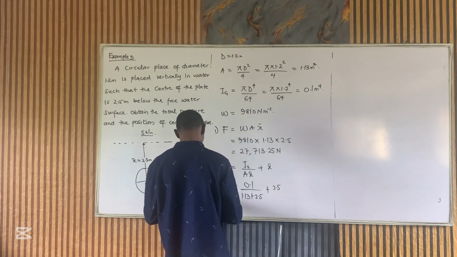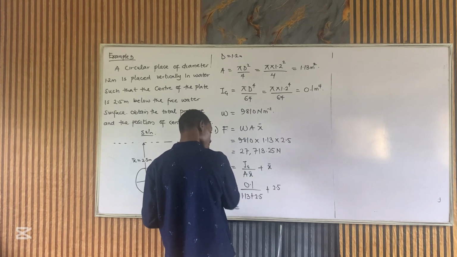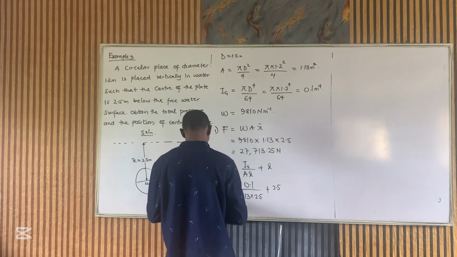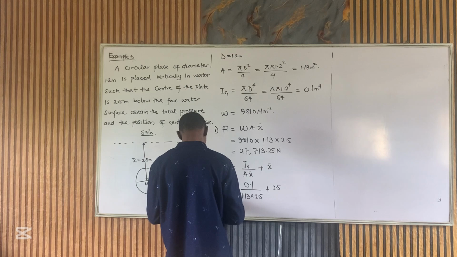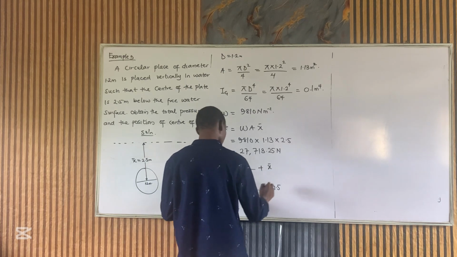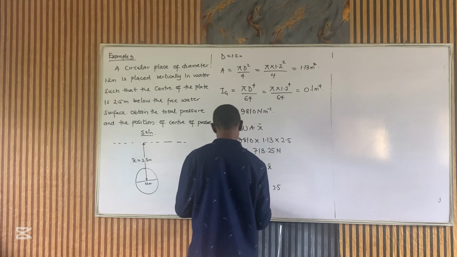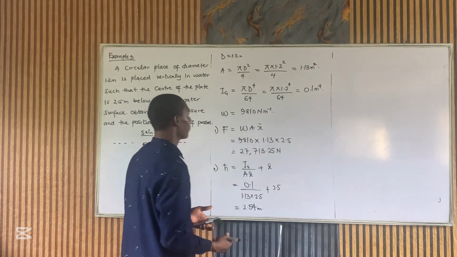This will give us 0.1 over 1.13 multiplied by 2.5, plus 2.5. This is 2.54 meters. So that's that for this question.